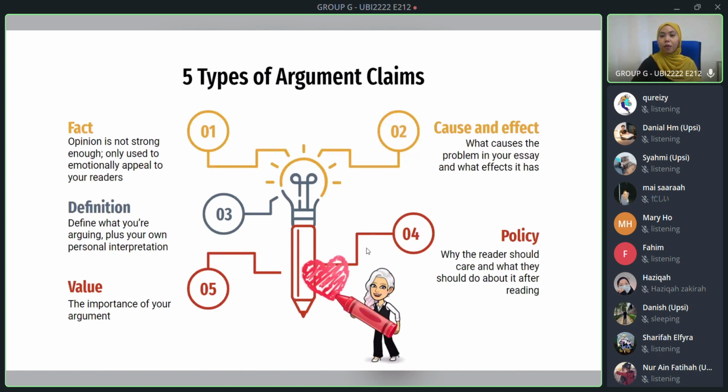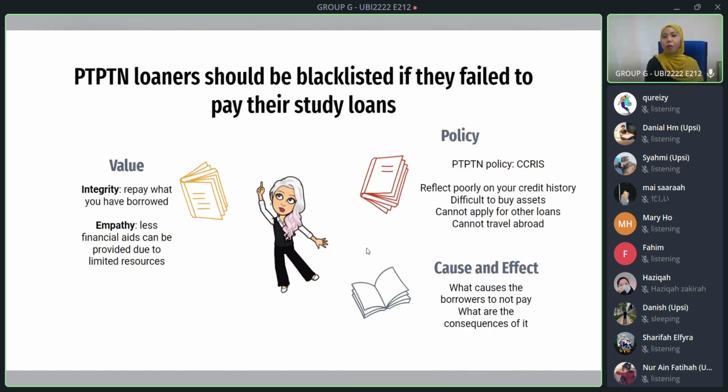Right, moving on. So let's say this is the topic. PTPTN loaners should be blacklisted if they fail to pay their study loans. Now let's start with the introduction. So perhaps once you have chosen your hook, whatever your hook should be, and then you start to have a little background information. What is PTPTN?